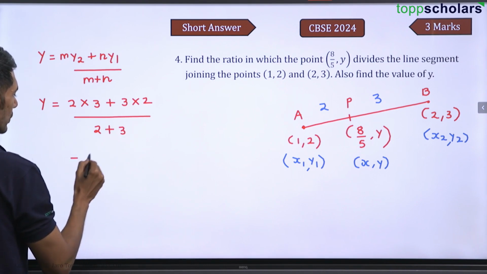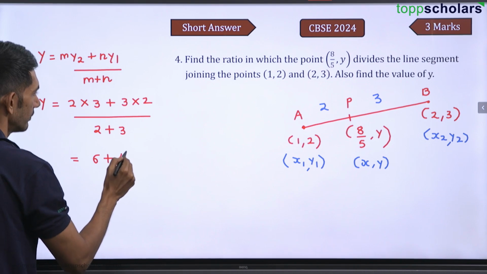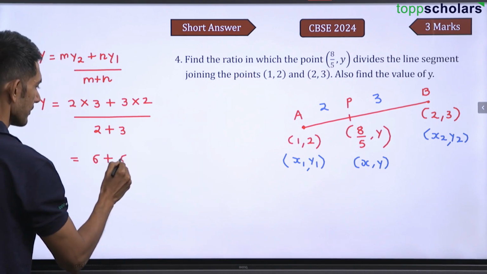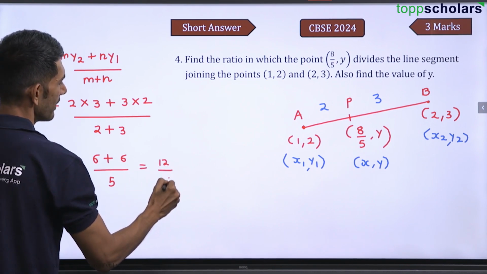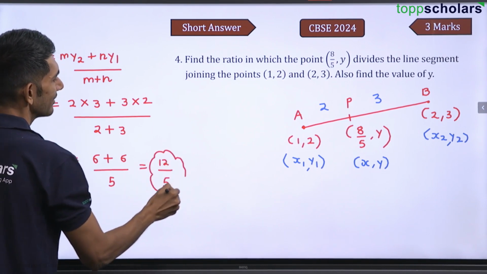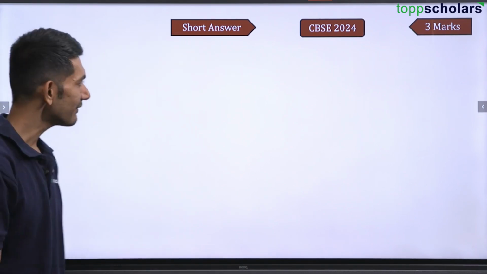So that is equal to 2 3s are 6, 3 2s are 6 again, by 5, and that gives you 12 by 5. So that is the value of y. Clear? Easy. So let's have a look at a new question now.